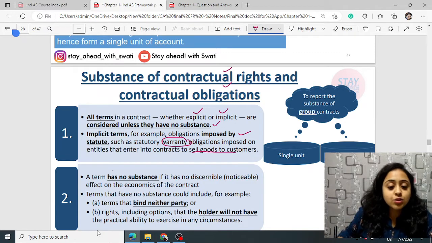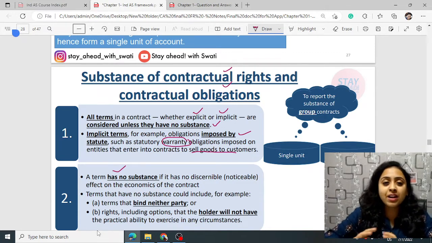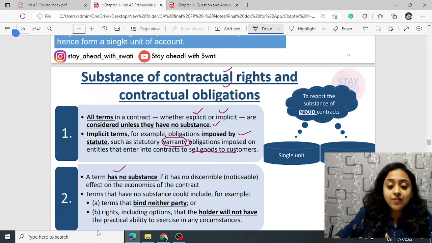A term has no substance when it has no discernible, meaning no noticeable, impact or effect on the economics of the contract.